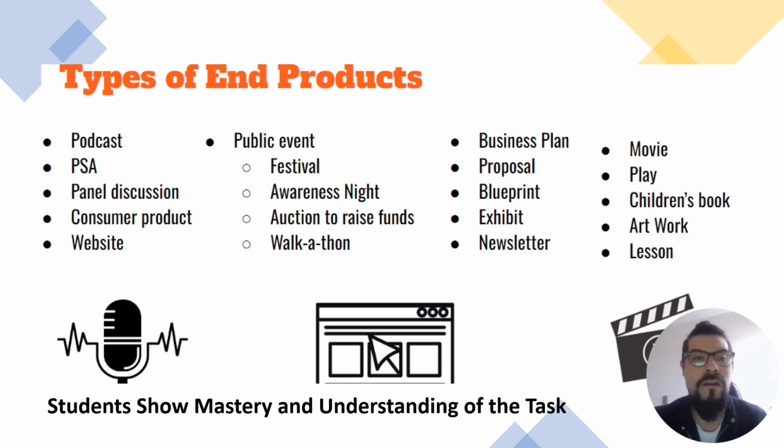There can be even public events, which is very common at school, like having an English fair or English week or English day, where each class shows their project. There could be a proposal, for example, for improving the green areas of school, or how to implement a recycling system at school or in the neighborhood.